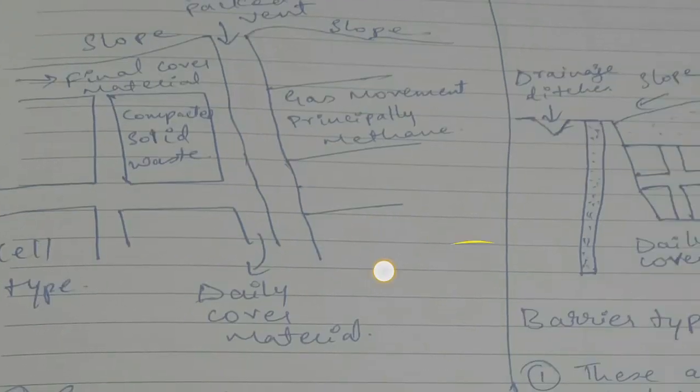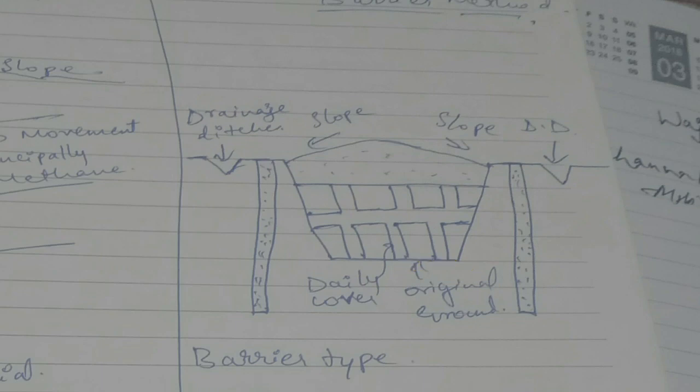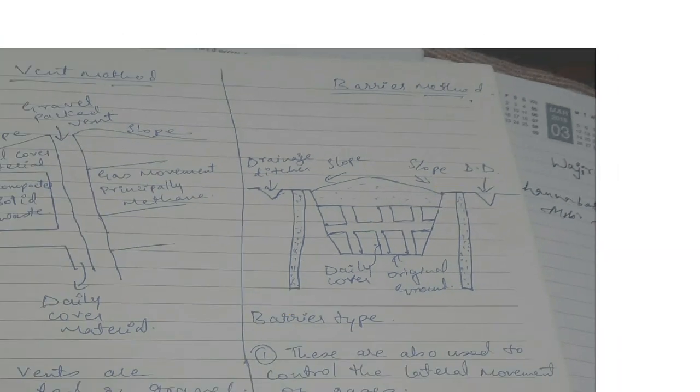In case of barrier method, you can see the slope sides and drainage ditches on either side, daily covers, and original ground. So this is the barrier method drawing. You can use it for differentiation.